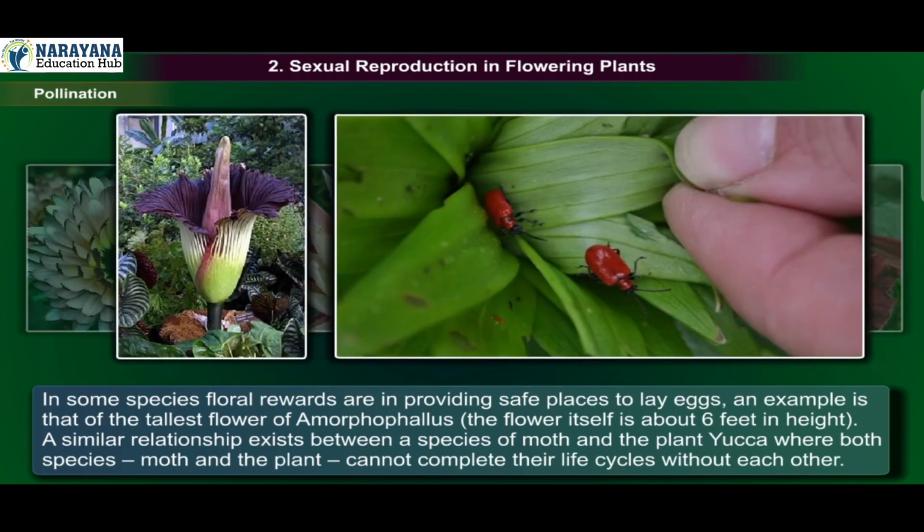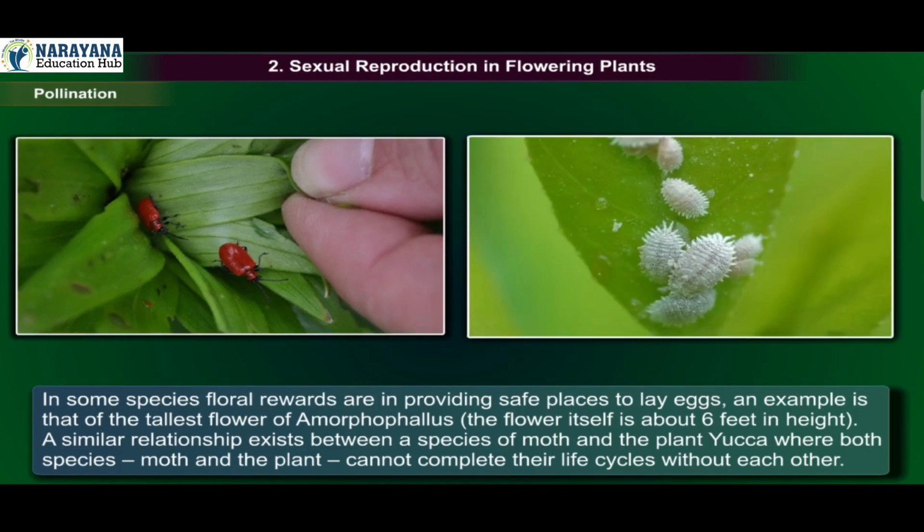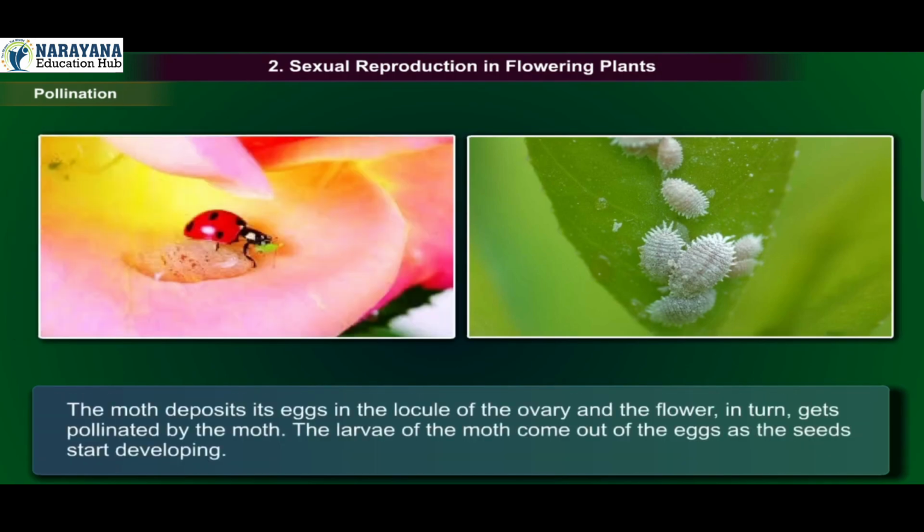A similar relationship exists between a species of moth and the plant yucca, where both species, moth and the plant, cannot complete their life cycles without each other. The moth deposits its eggs in the locule of the ovary and the flower, in turn, gets pollinated by the moth. The larvae of the moth come out of the eggs as the seeds start developing.